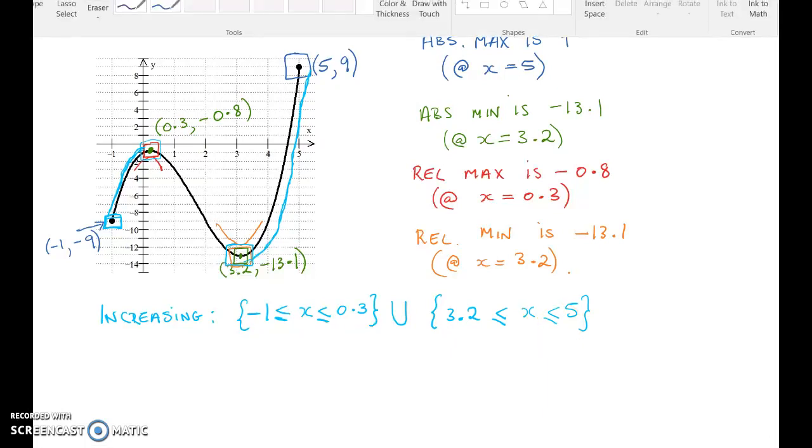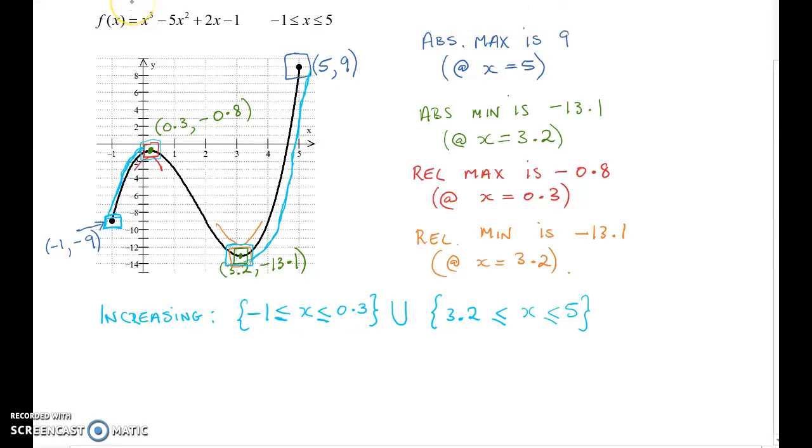Let's look now at where the graph is decreasing. Okay? So, where the graph decreases, well, it's decreasing in this region here. Okay? It's decreasing in that region there. So, start off by writing down the x-coordinate where it begins to decrease.